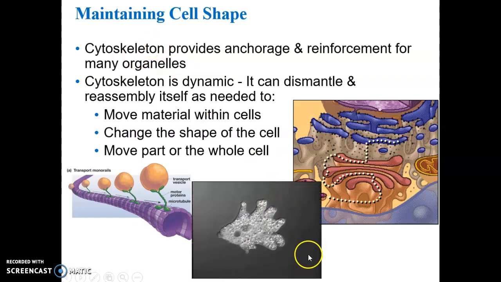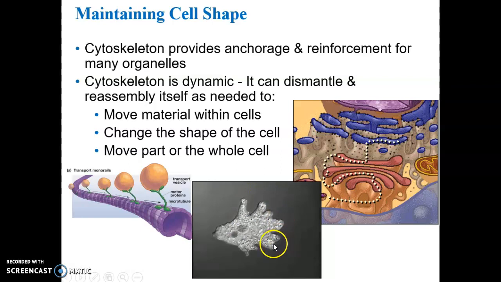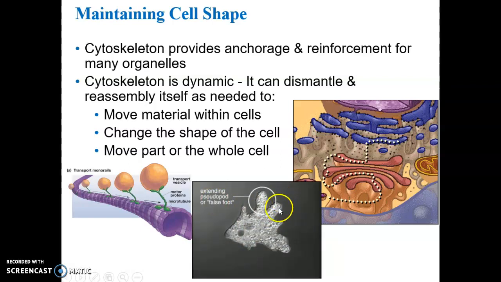So here's a little video of a single-celled organism, something called an amoeba, and it's one cell, and it's moving by extending its plasma membrane and moving the cytosol within those extensions of the plasma membrane that are called pseudopods, false feet. And you can see that the material is stringy and moving around. What's moving the material is components of the cytoskeleton.